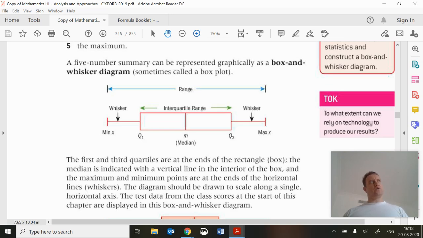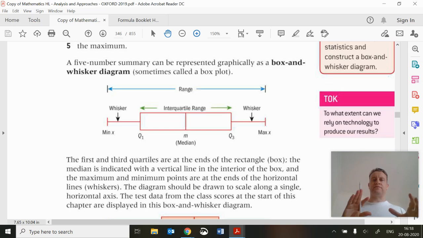But it's good to know that the interquartile range tells you about the spread of the middle 50% of the data. Okay, so that's the meaning of that distance of the interquartile range.